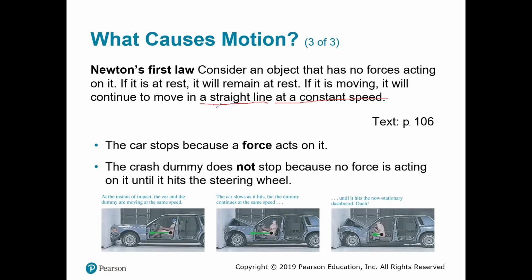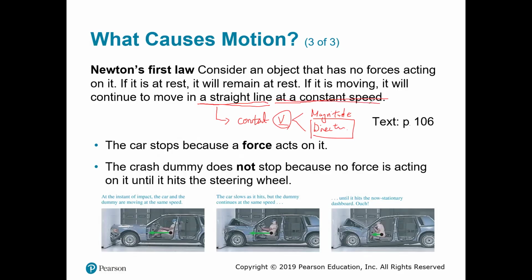What these two terms say is constant velocity. Why? Velocity consists of two parts, magnitude and direction, because velocity is a vector. In terms of direction, it says a straight line, so no directional change.